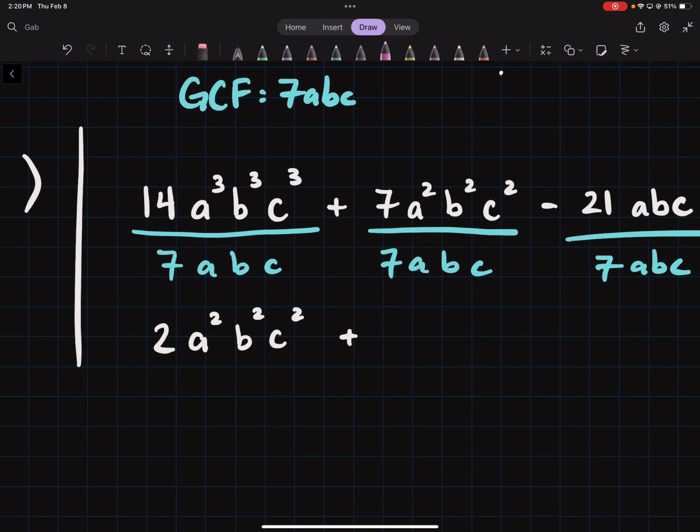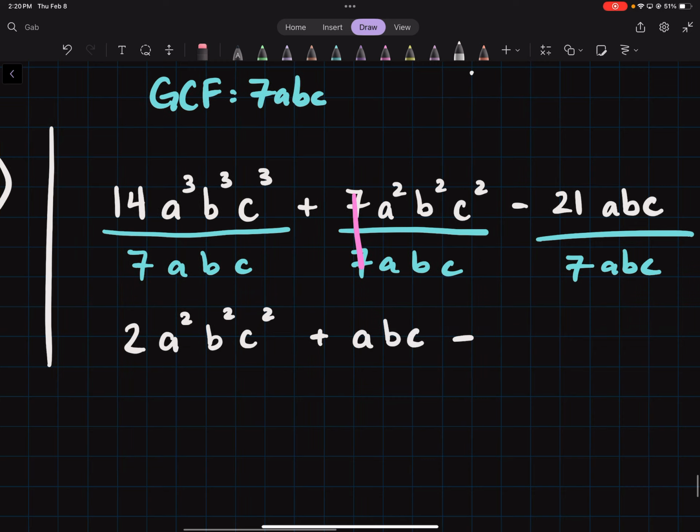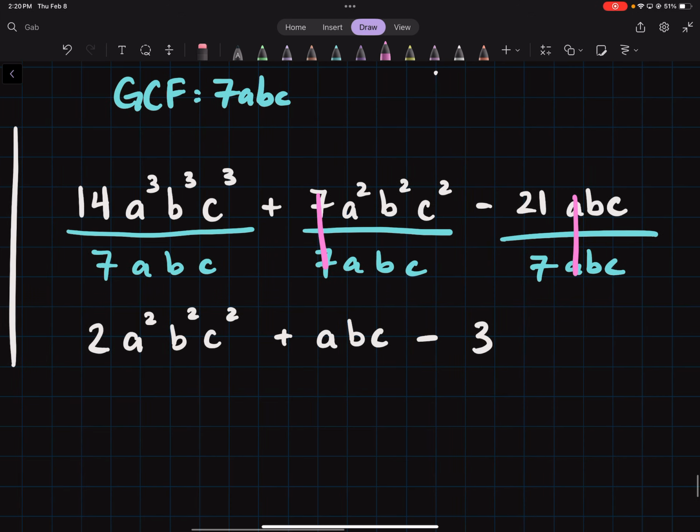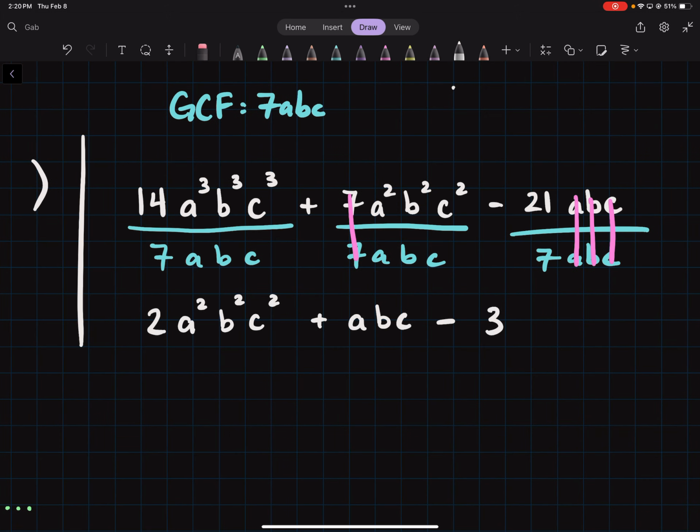What's the next one? 1, 1, and then A, and then B, and then C. B, C, minus 3, negative. That's it, right?